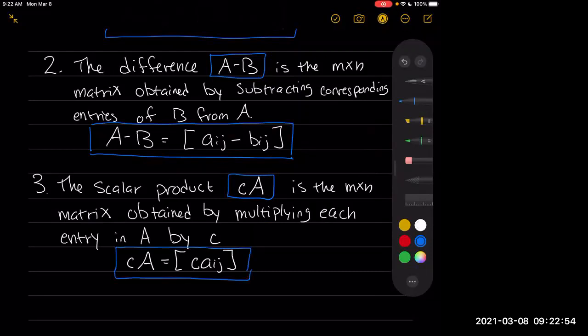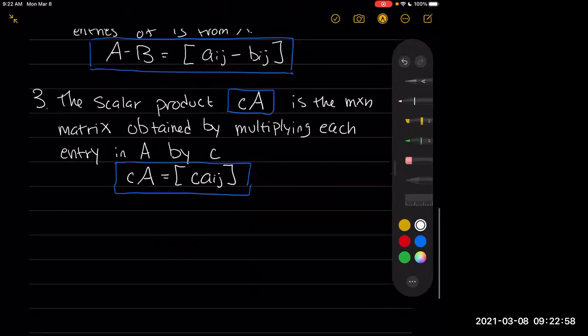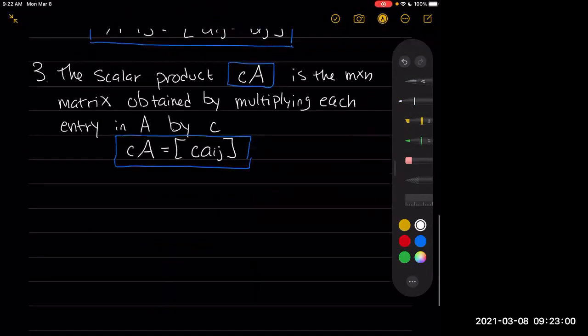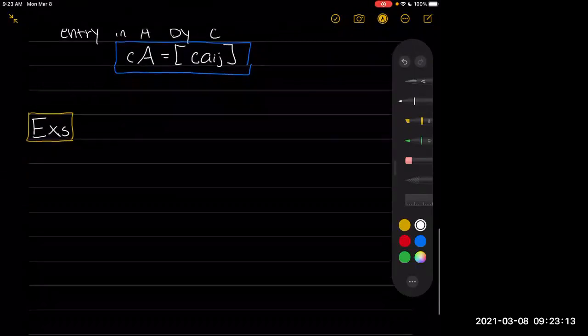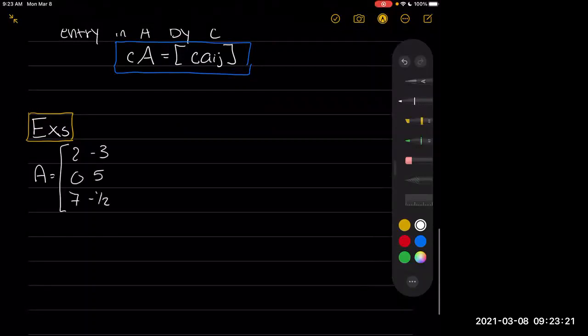So I know that this is all very abstract. So we're going to go through some examples to really drive home the point and help you understand what's happening. So first, we're going to define a couple matrices. We're going to define A as 2, minus 3, 0, 5, 7, and negative 1/2.